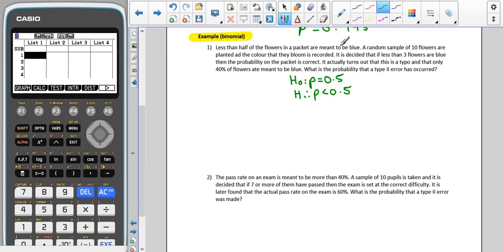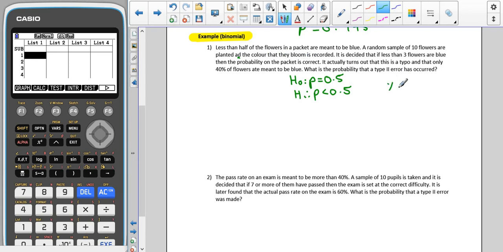We have a random sample of 10 flowers which are planted, and the colour that they blossom is recorded. It is decided that if less than 3 flowers are blue, then the probability of the packet is correct.